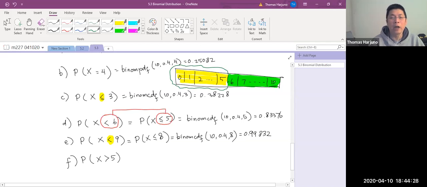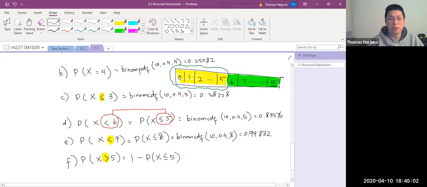Okay, now I know the total probability should be 1. So for me to compute greater than 5, I will compute the complement. That will be 1 minus probability that X is at most 5, because greater than 5 means start from 6, and the complement means up to 5.